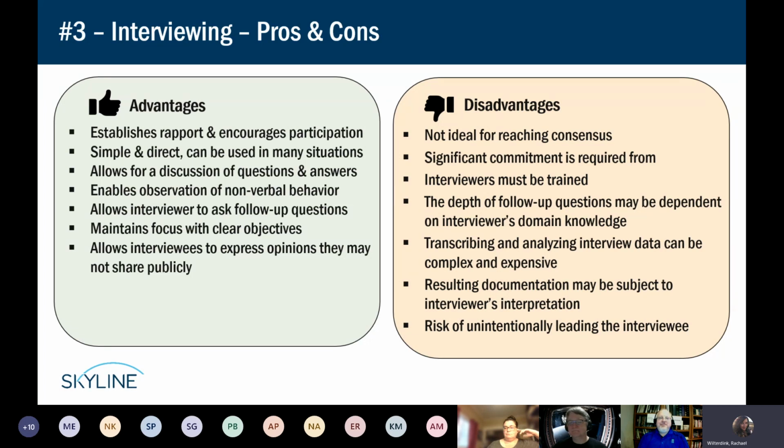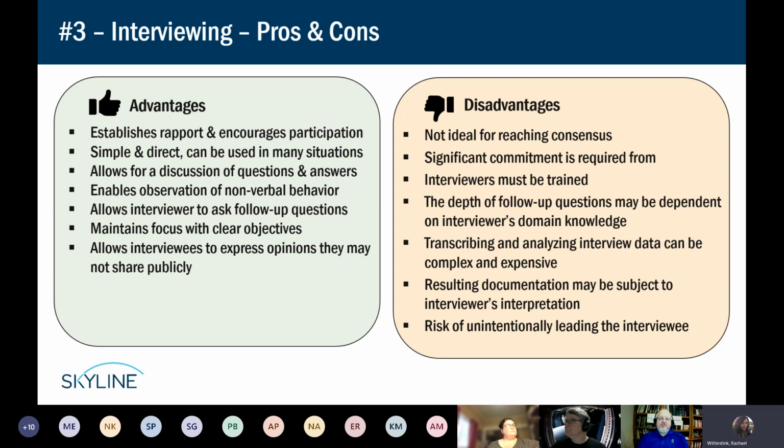The interviewer also has to be trained in how to interview. So that's a skill, right? It's not a skill that everyone naturally possesses. Some may, but others don't. But you can learn how to interview well. And then any outputs of the interview have to be treated cautiously because they could be subject to bias by the interviewer or the interviewer's interpretation.